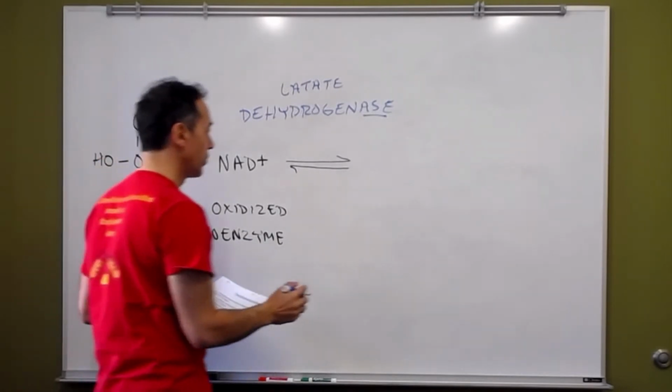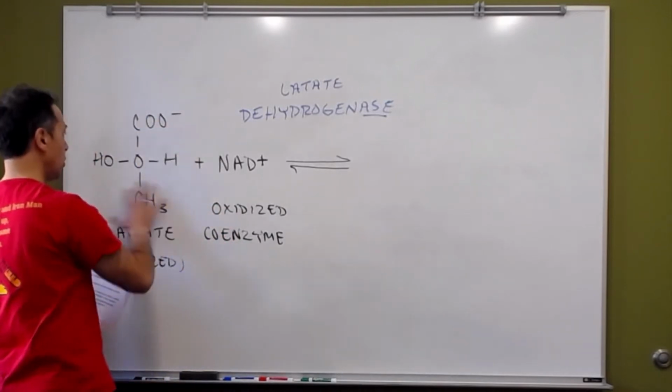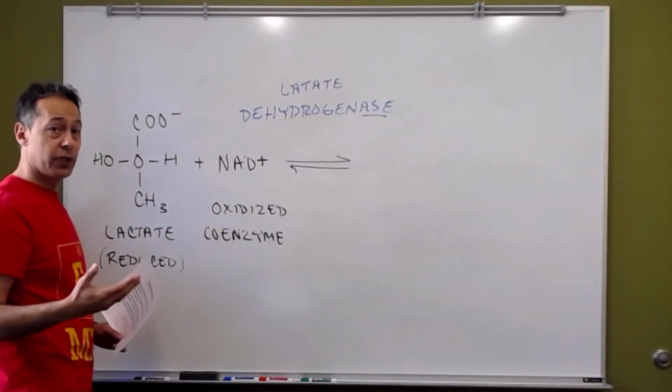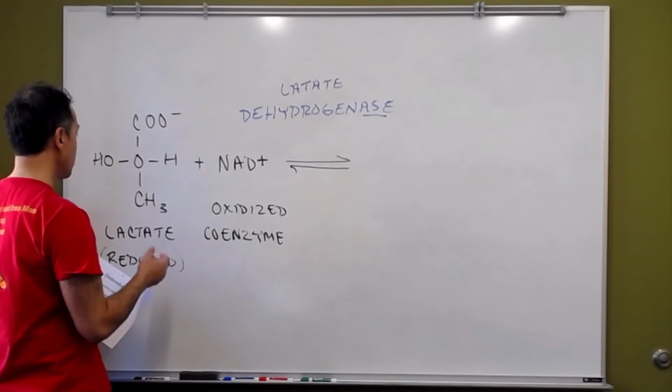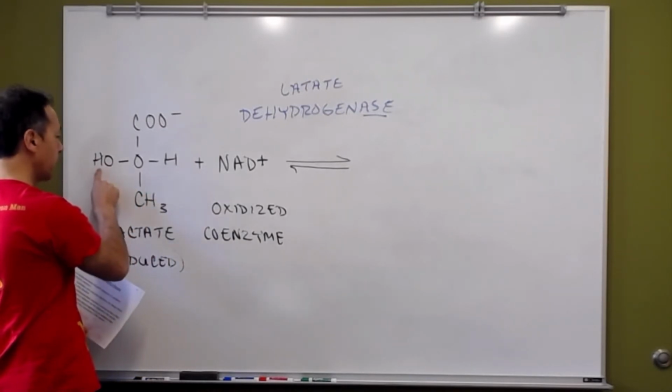Over on the other side, let me draw this molecule where I remove some hydrogen. The hydrogen we're going to end up removing is this one here and this one here.